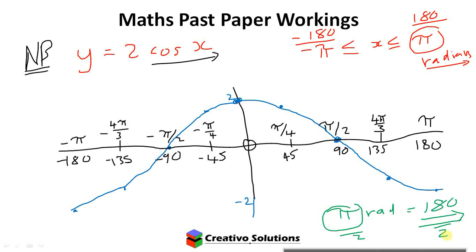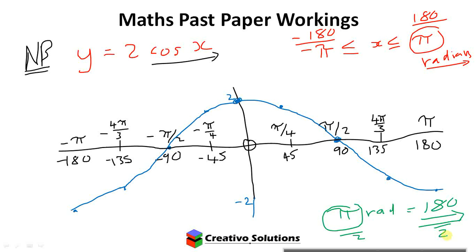And then to get 135? Let's work out this one first. Pi over 4. Do you agree that if pi equals 180, 180 divided by 45 would give me 4? So it'll be pi over 4.